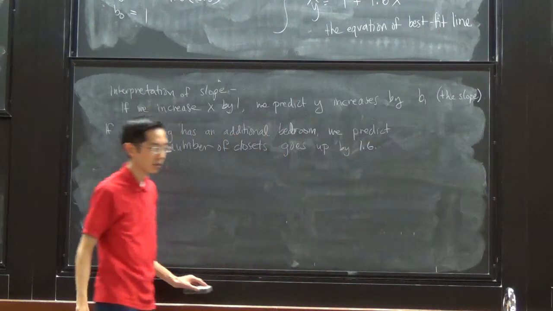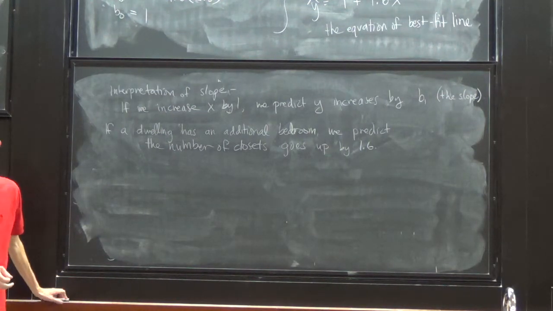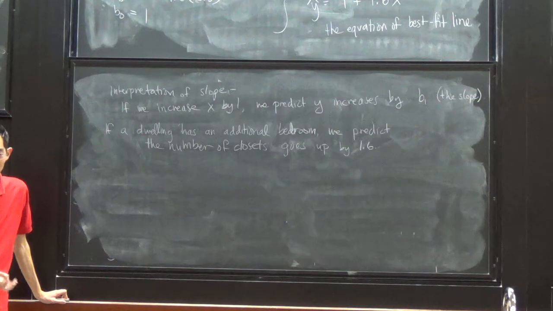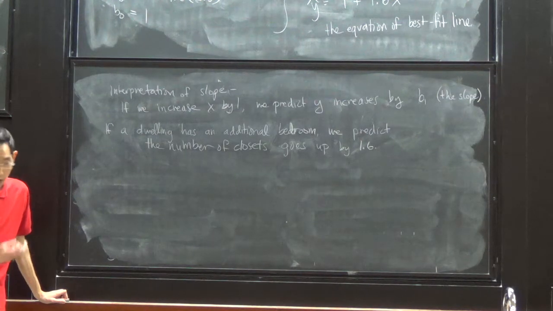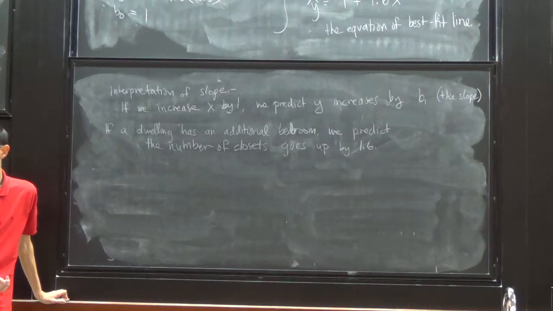So our prediction increases by 1.6. Of course, the actual number of closets is only going to go up by a whole number, but for the prediction, it's fine to say our prediction goes up by 1.6.